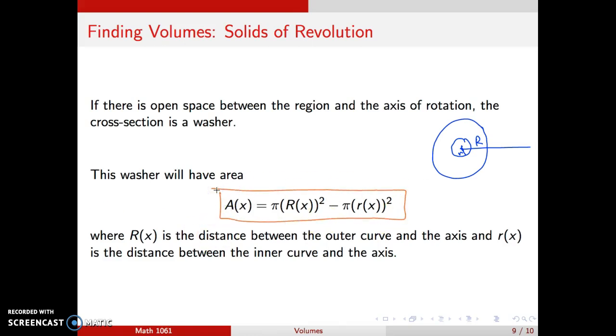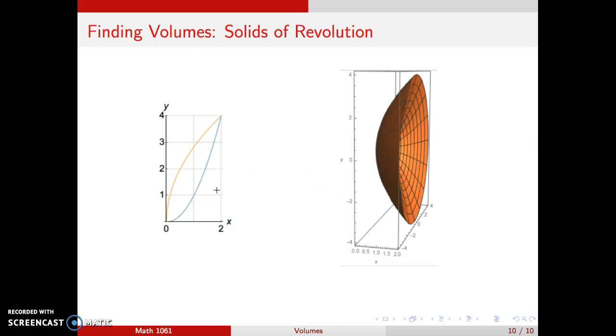So there's our area formula, cross-sectional area at a given x. What that looks like here is if I had something like this, I've got this going up to here, bounded below here, and let's say that we rotate this about the x-axis. Then when I've got something like this piece here, it gets swept around, and that middle part, that missing part right there, is what's missing in the middle.